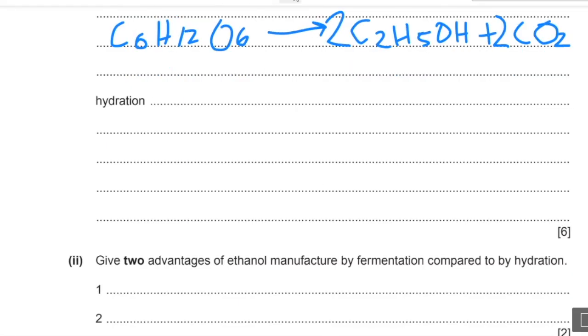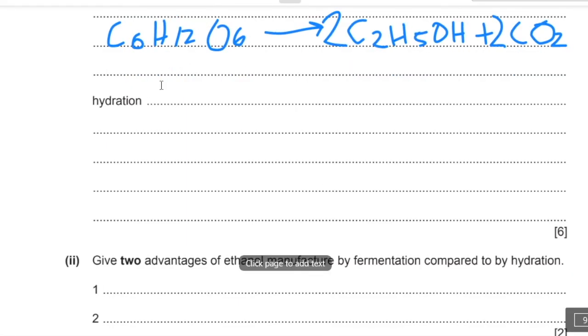And then you have hydration of ethene. Okay, so you need ethene and steam over here as the reactants, and the conditions are the temperature, pressure, and catalyst. You can write any one of them because you only need 3 marks for each.